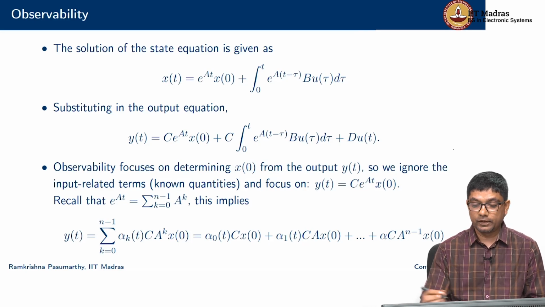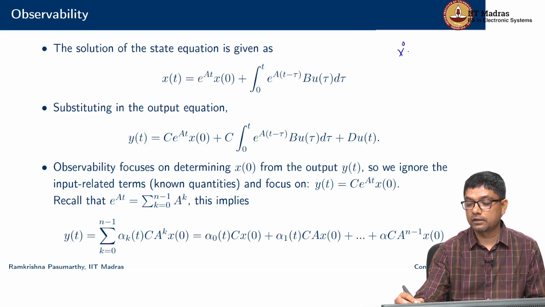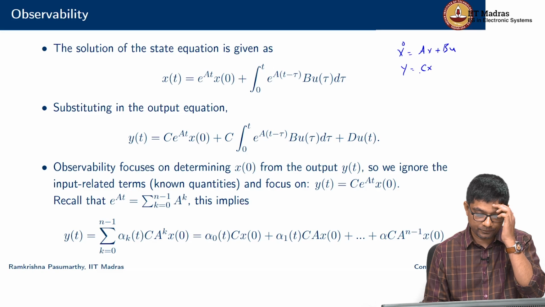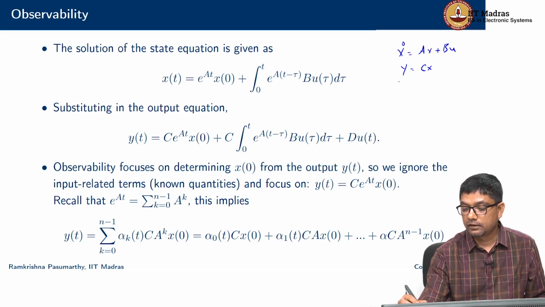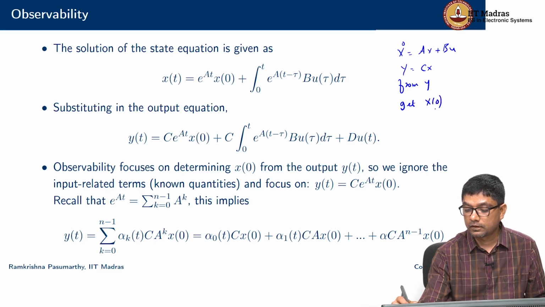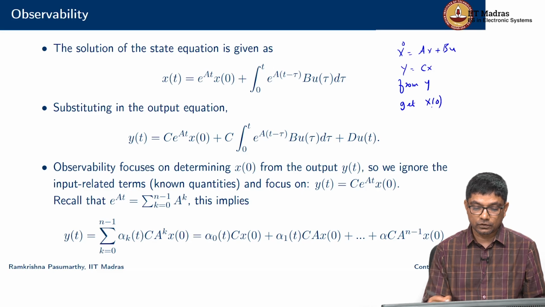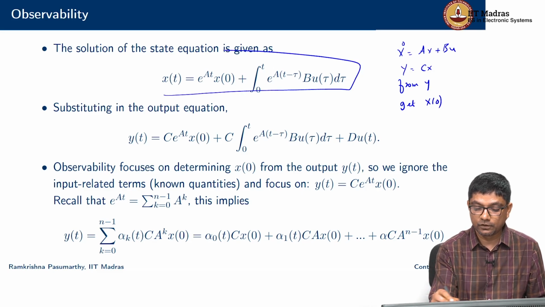So how do we go about doing this? I can start with a system of the form x dot is Ax plus Bu and y equal to Cx. We are interested in getting x naught from y. So, this solution I know.